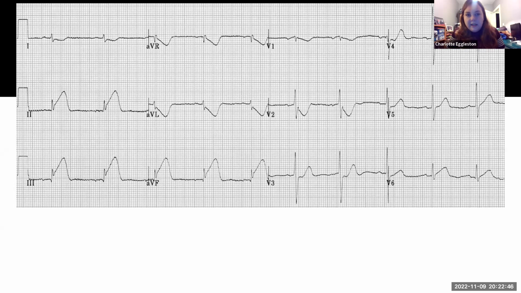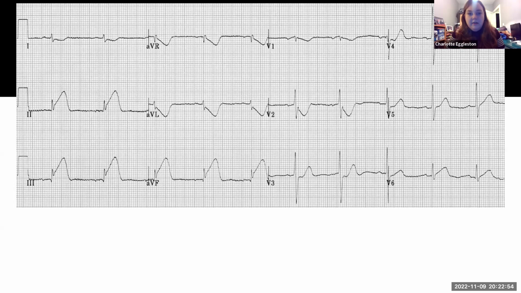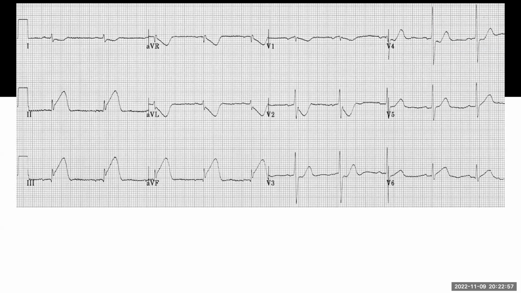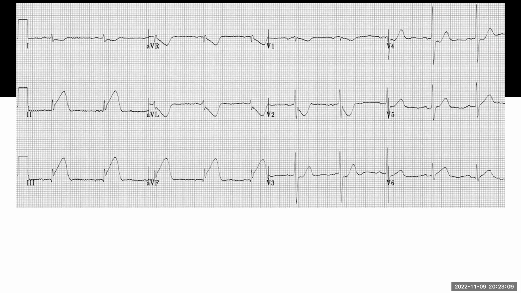Yeah, AVF, and we do have in lead 1 and AVL depression, I would agree. So this is inferior, and V6 a little bit.